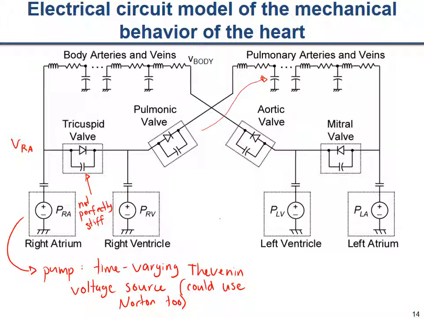When the current comes through the pulmonary arteries and veins, it gets to the left atrium and left ventricle, where we go through the same process. The left atrium has some pumping voltage and a diode. The left ventricle has a pumping voltage and goes through the aortic valve to the body, arteries, and veins, which then comes back into the right atrium.